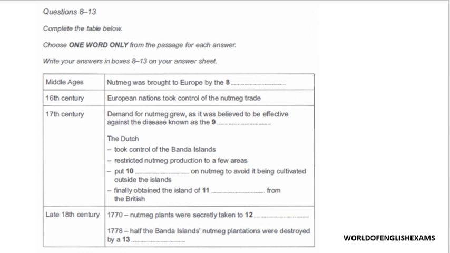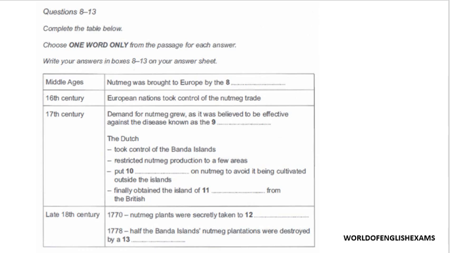For table completion questions, you can blindly follow the hints that are given in the form of numbers here. You can see the years: Middle Ages, 16th century, 17th century, late 18th century. Now these are our keywords. If you can read them properly, you need not read the entire comprehension passage. You'll get an idea where exactly to locate the answers.